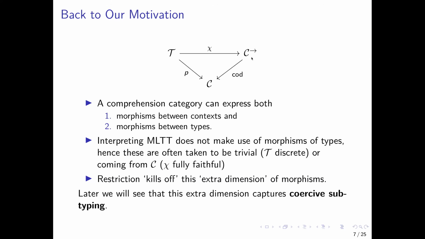So I have a follow-up question, if I may. You axiomatize this language for CCTT using, let's say, the fibers of the fibration instead of the total category of the fibration.